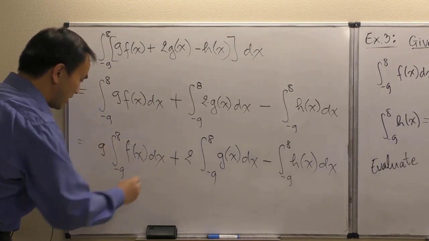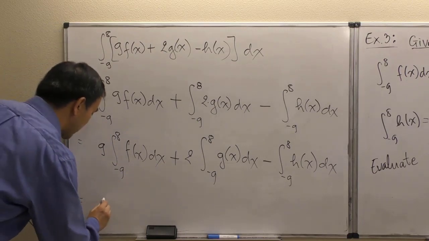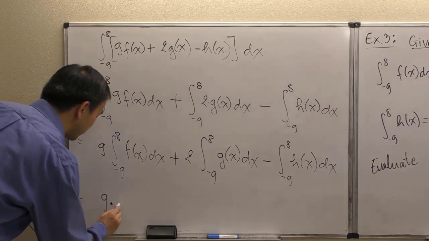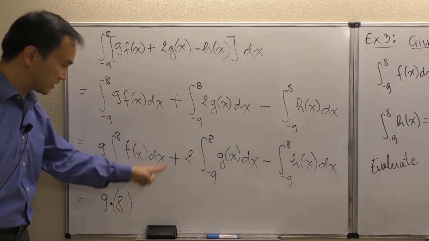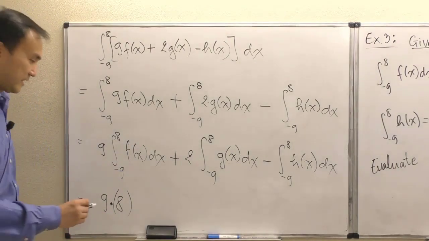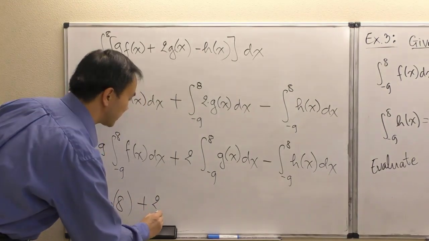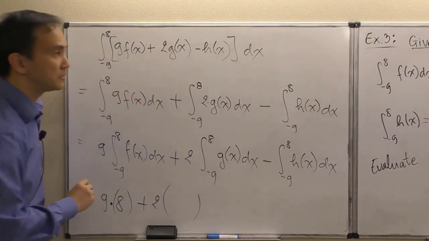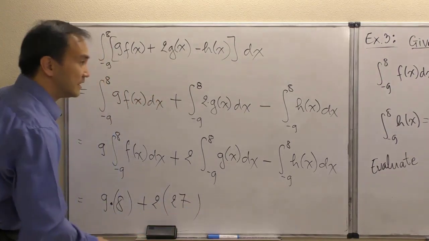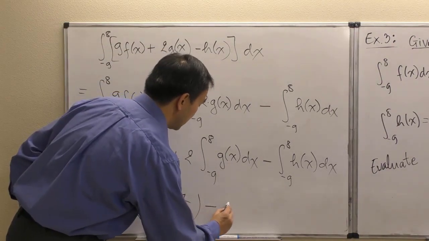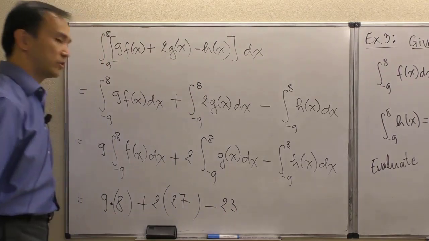This integral itself is an 8, so we have 9 times 8. I'm putting it in parentheses because that's a substitute for the entire integral. Then plus 2 times this other integral in the middle for g of x, which is 27. The last one is 23, so I'm subtracting 23 like that.